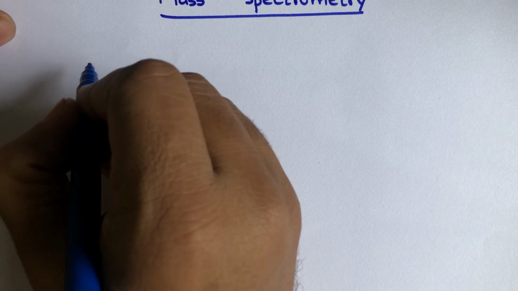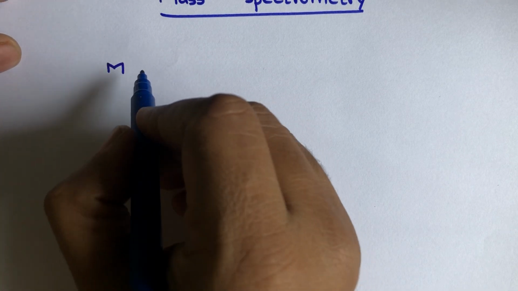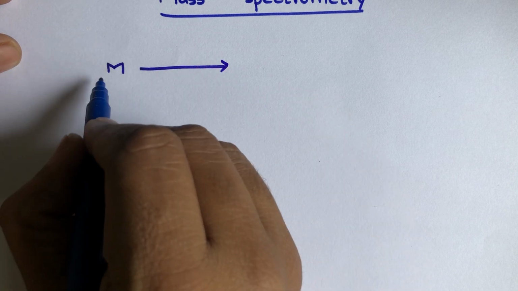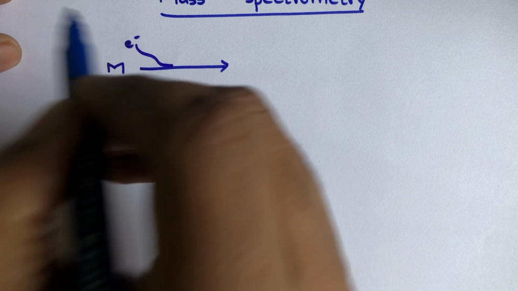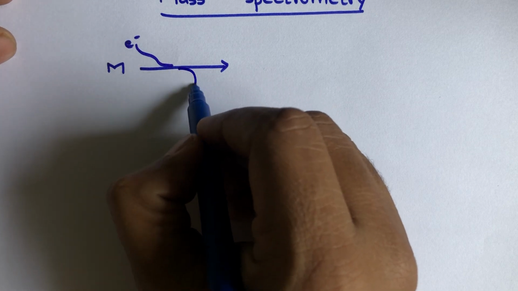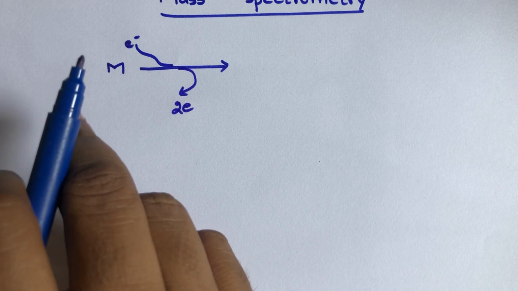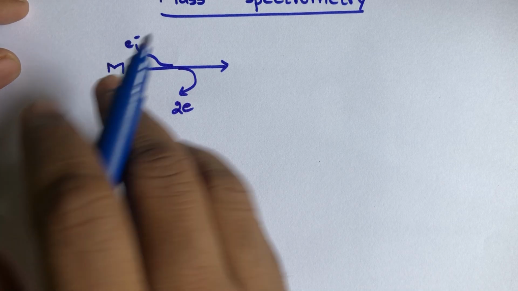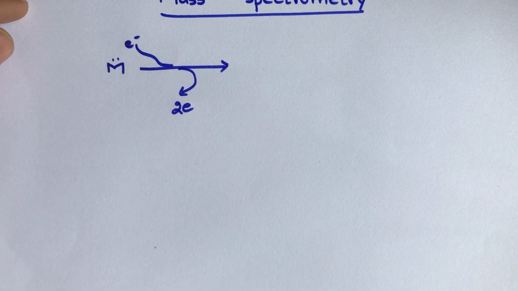Let this be a molecule. What is done is that it is bombarded with a high energy electron. This results in the removal of an electron, resulting in the formation of a radical cation. See, this is the neutral molecule.